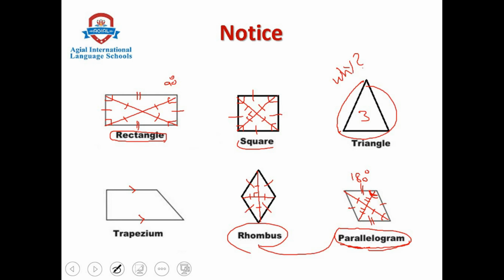In the trapezium only two opposite sides are parallel and not equal in length. In the rhombus, each two opposite sides are parallel and all sides are equal in length. In the parallelogram, each two opposite sides are equal and parallel.